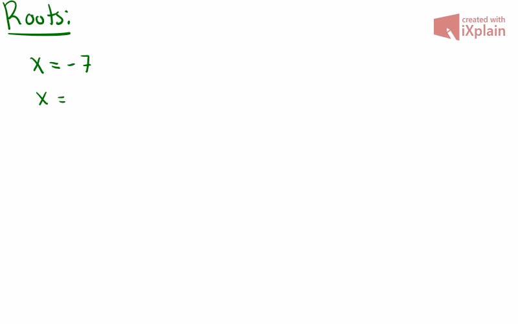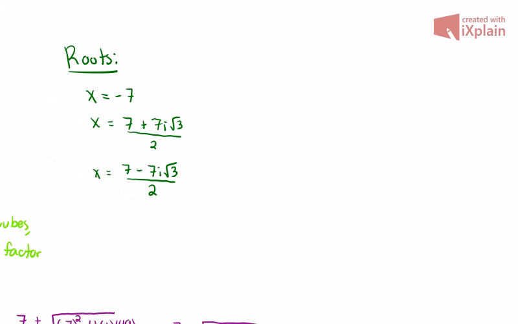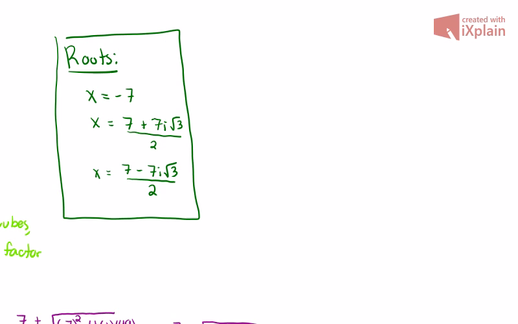If I write those separately, that's 7 plus 7i root 3 over 2. And 7 minus 7i root 3 over 2. And there's our 3 roots for our degree 3 polynomial.